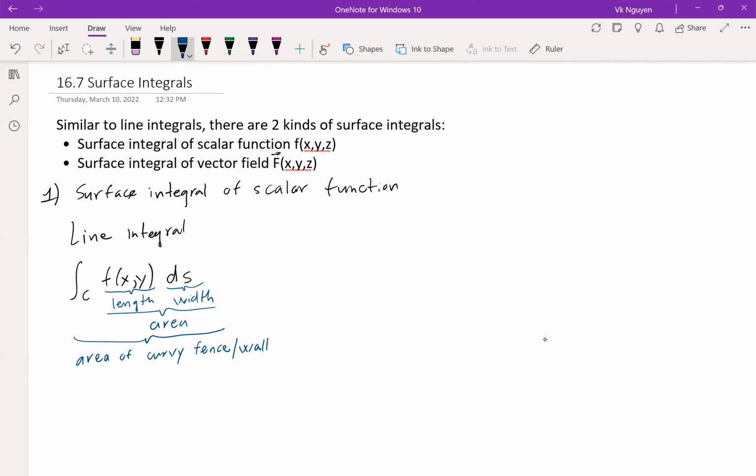Okay, so here comes the surface integral. This double integral over the surface S of f, well, we're moving up a dimension so it's going to be x, y, z. The reason why f(x, y, z) is because in the line integral, right, C is in the domain of f(x, y).